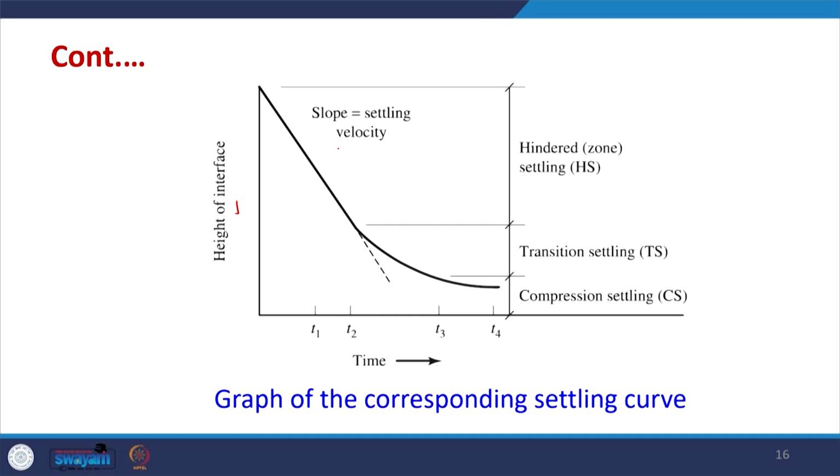So, we try to find out the height, we will have points of height with time, and we plot the graph. Up to the point where the height is decreasing uniformly with respect to time, that is called the hindered settling zone.